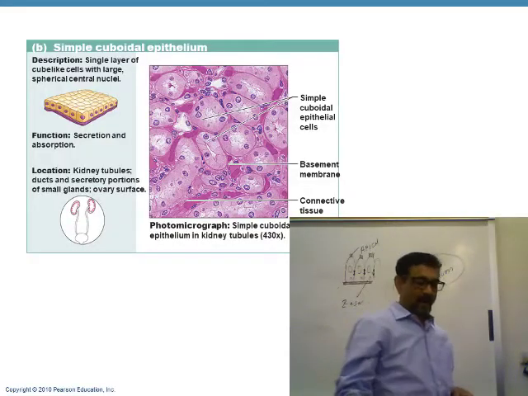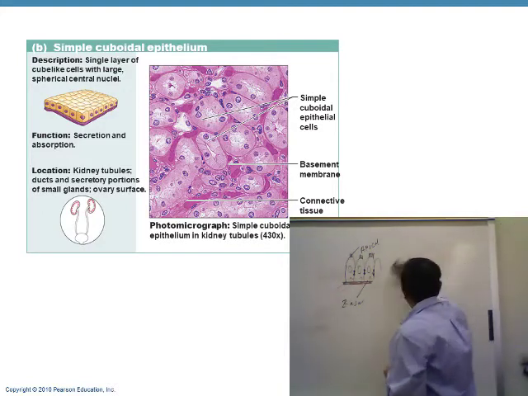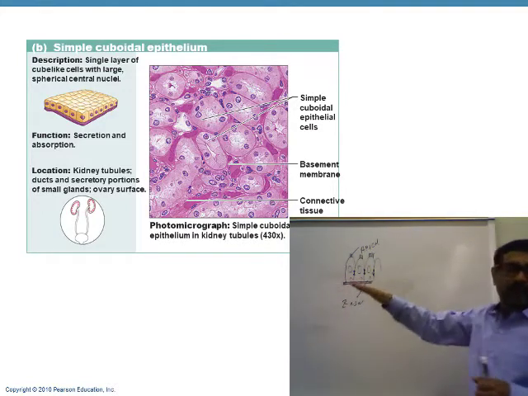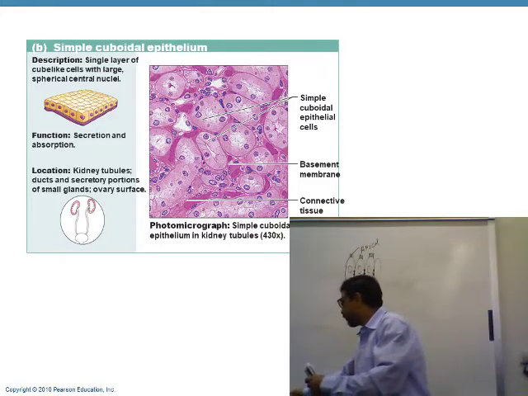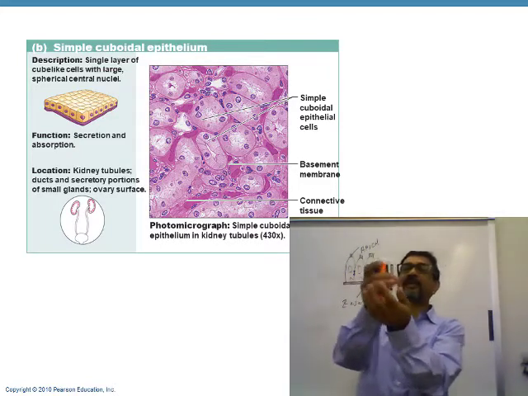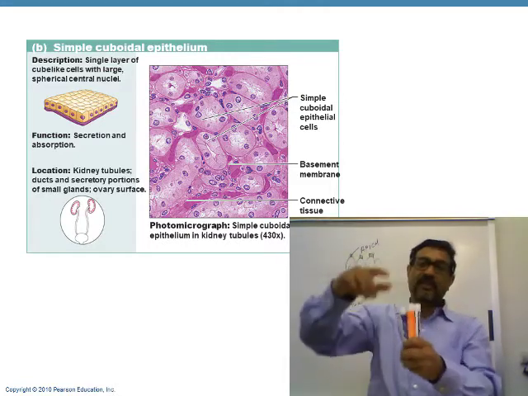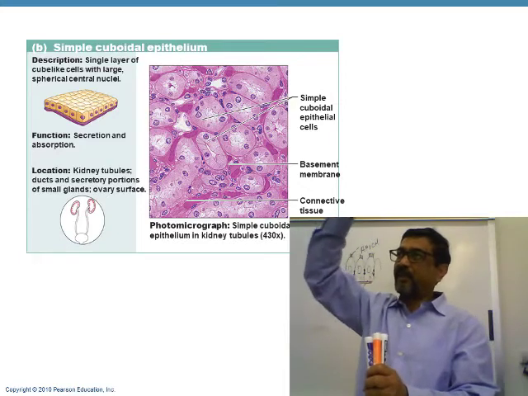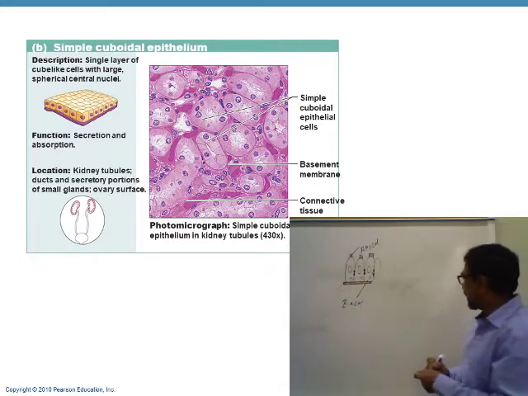Simple cuboidal. In this picture, you see a cross section of many tube-like structures like this. If I have many tube-like structures like this, and make a cross section like this, what I'll see is rounds. So that's what you are seeing here.